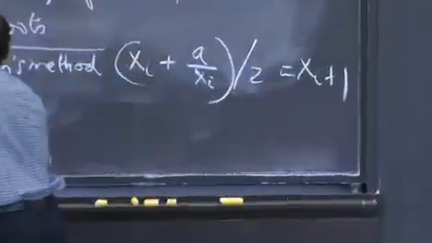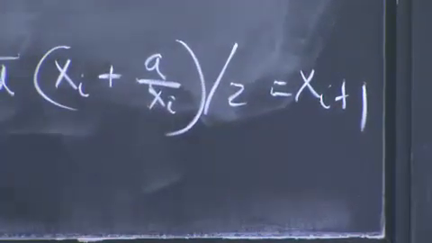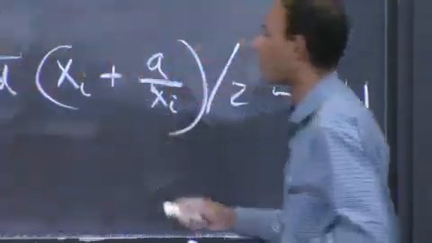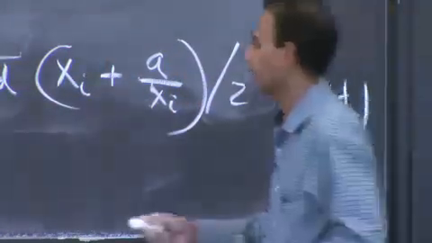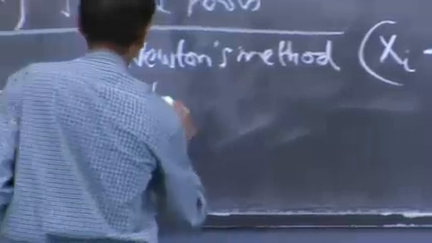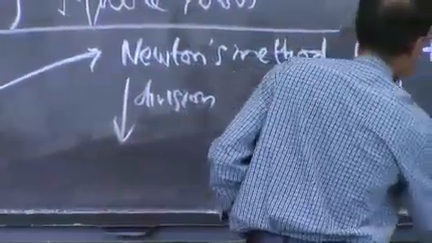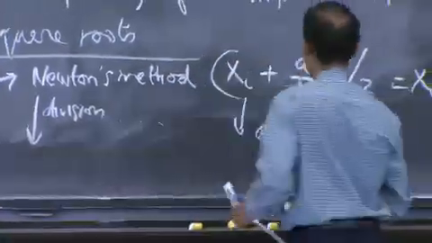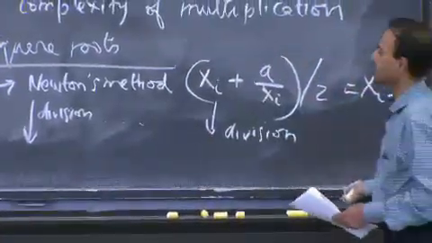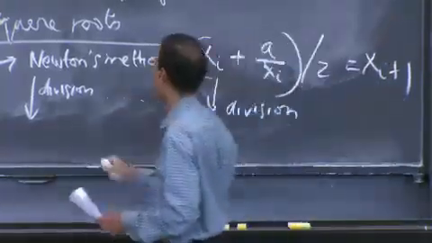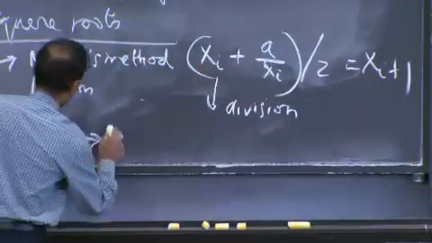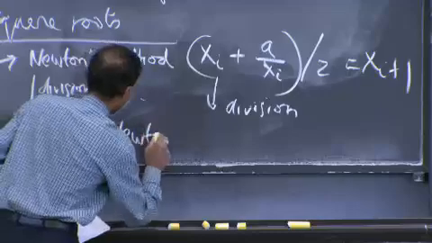Now every time you do that for a particular x_i, you're going to end up having to call a division. So for each iteration, you have to call a division. And for each of these division methods, we're going to call Newton's method.